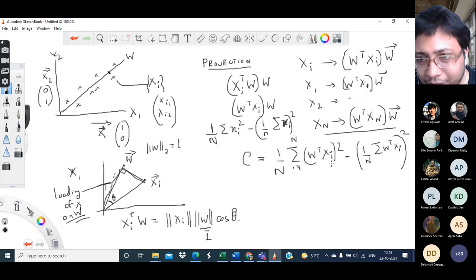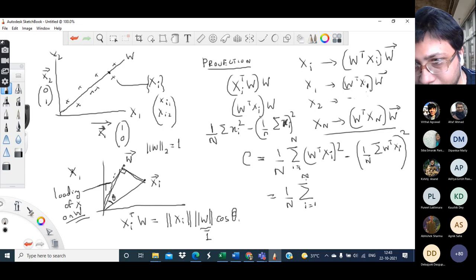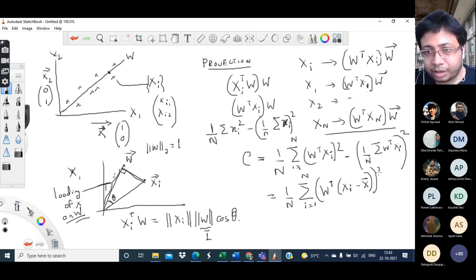In other words, with a bit more mathematical jugglery, I can get it like this: W transpose xi minus x bar, whole square. What is x bar? X bar is the mean vector, basically the mean of all the observations.